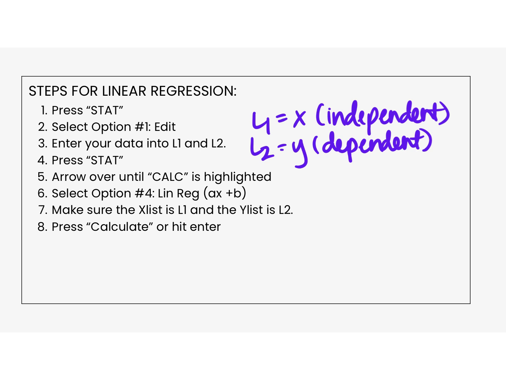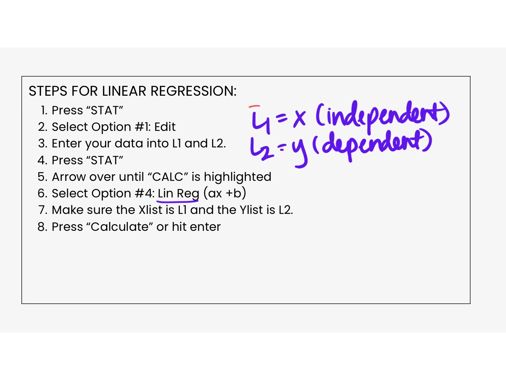Once you have that done, you're going to press stat again, same button, directly to the left of the arrows. This time you're going to scroll over until calc is highlighted at the top. Scroll down to select option 4, which is that linear regression that we talked about, and select that option. It's going to pull up a new screen, and you want to make sure that it says XList L1 and YList L2.